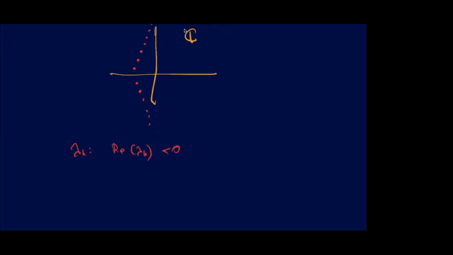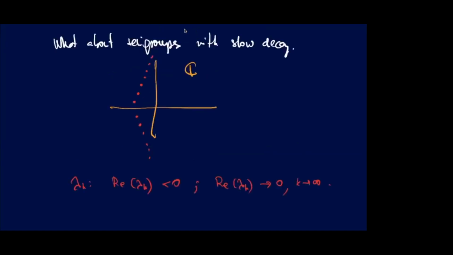So you will have the dissipativity of the system, but the real part of lambda k goes to 0 as k goes to infinity. Of course, in order to build such an infinite dimensional system with infinitely many eigenfunctions and eigenvalues, you need the infinite dimensional context, right?